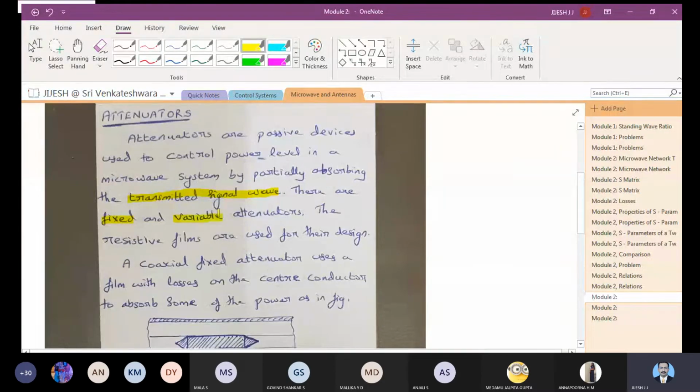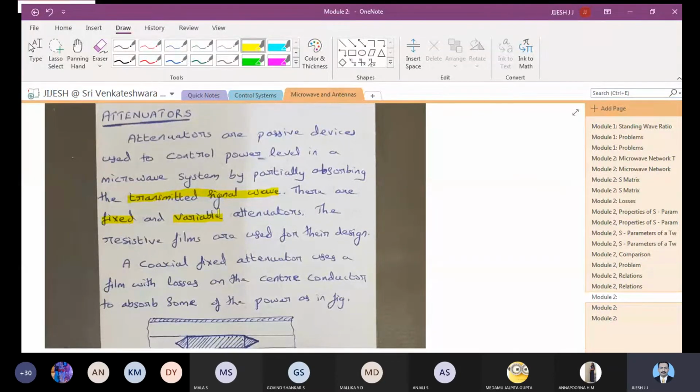Its main process is that it is going to absorb the transmitted signal wave when it is passed through the attenuator. We are going to use a thin resistive film for this process, so resistive films are used for their design.